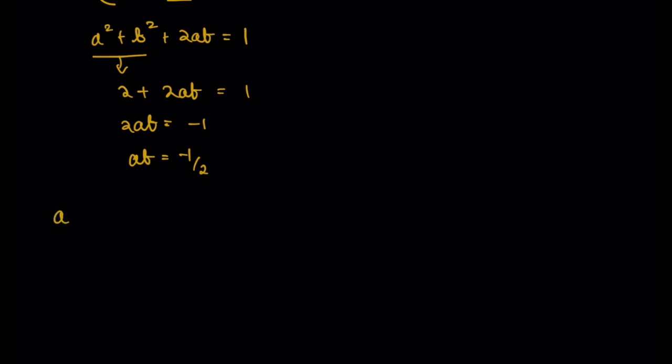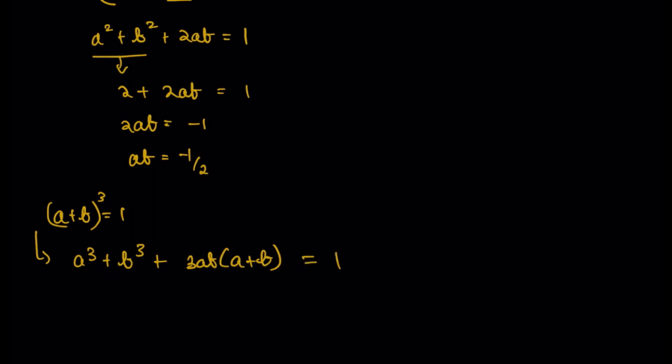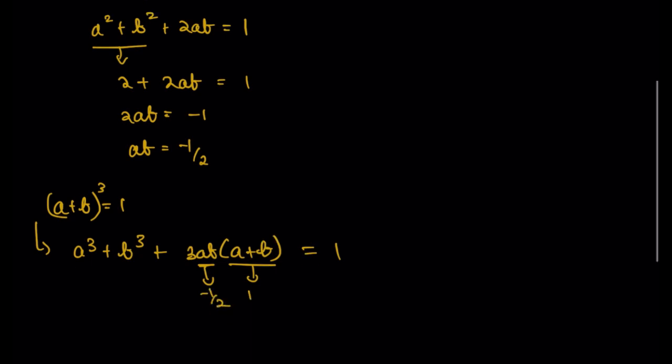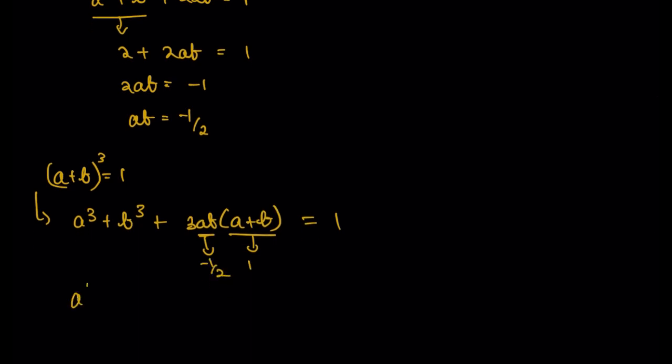a plus b equals 1. We will be cubing both sides. So it becomes a cube plus b cube plus 3ab into a plus b, according to the expansion, equals 1. So we know this value, it is minus half and a plus b is 1. So we will simply substitute it: a cube plus b cube plus minus 3 by 2 into 1 equals 1.